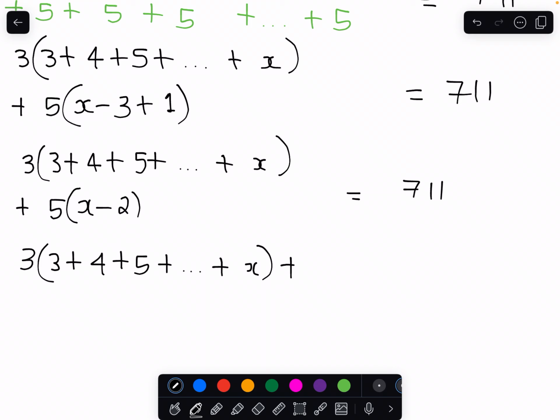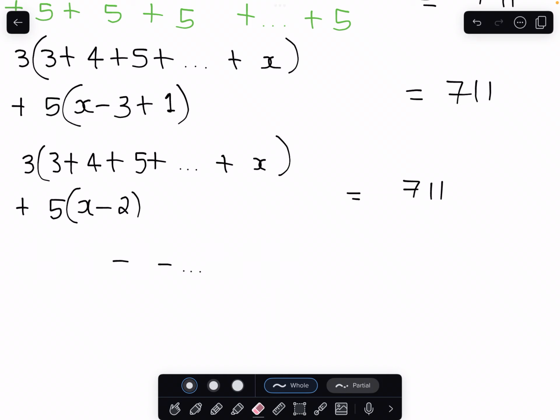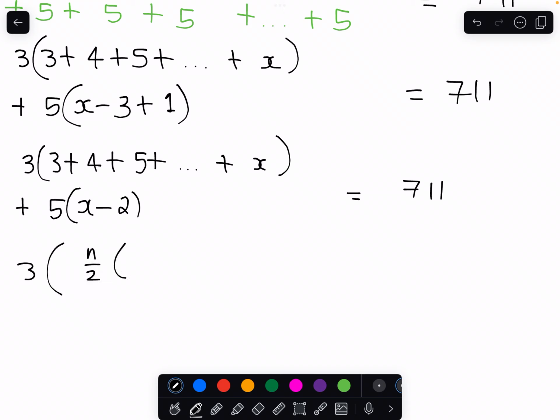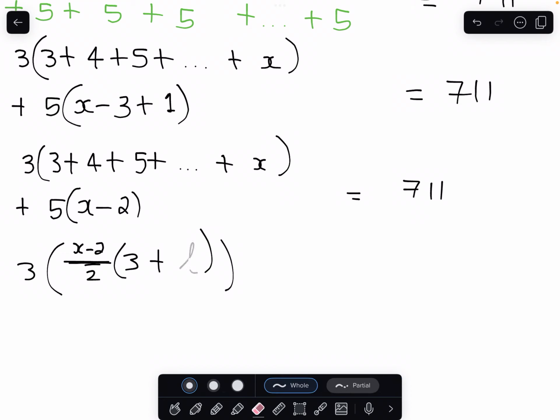I'm not entirely sure where this is going to end up, but hey. So maybe it's possible to rewrite this sum using this formula, where the n again is x minus 3 plus 1, so x minus 2. And the first term now is a 3, and the last term is an x.